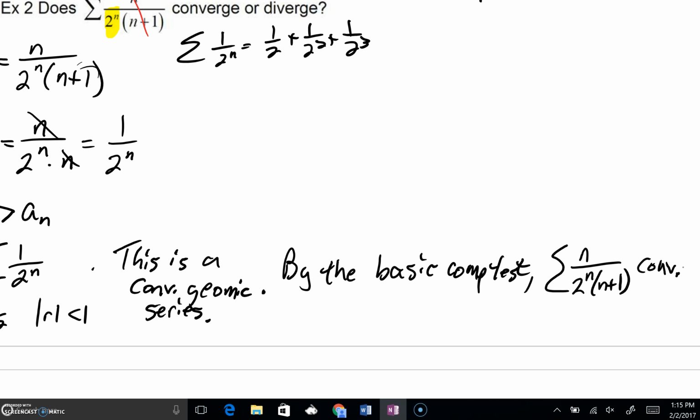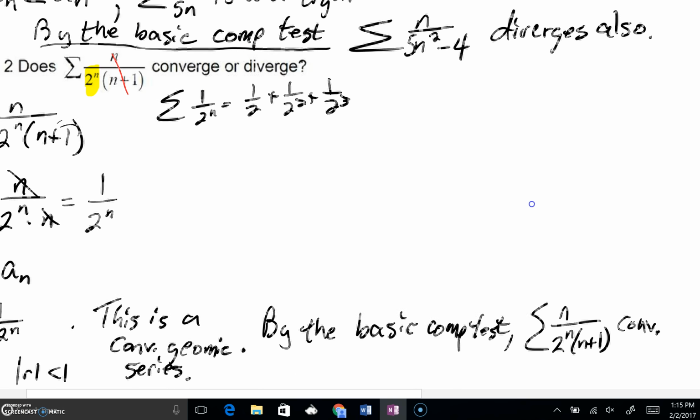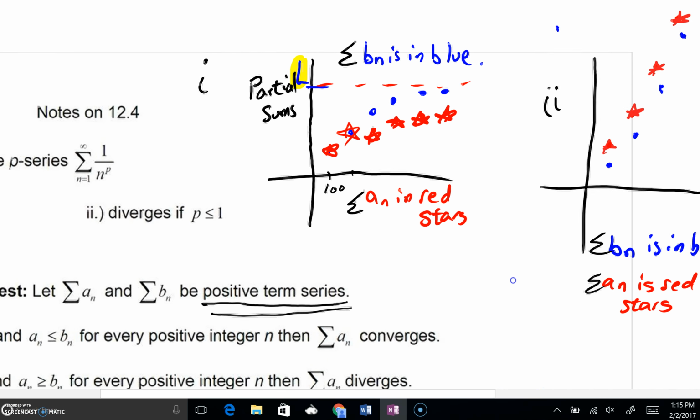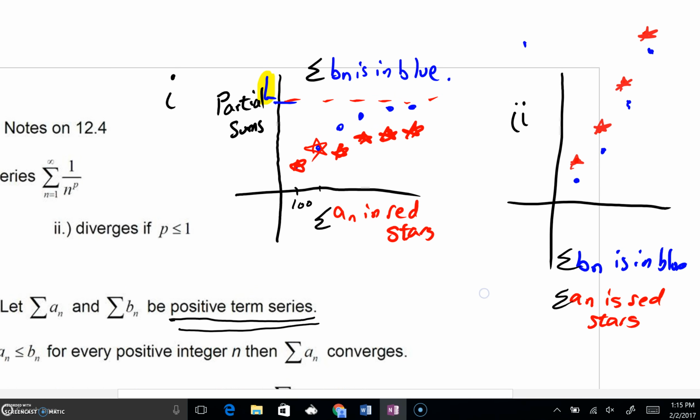So look, before we go to the back page, I do want to state one further thing and this is so important, guys, please understand that the basic comparison test can have limitations as well. What if, instead of being told that a sub n was always less than b sub n, we were told that b sub n converged, but a sub n was always bigger?